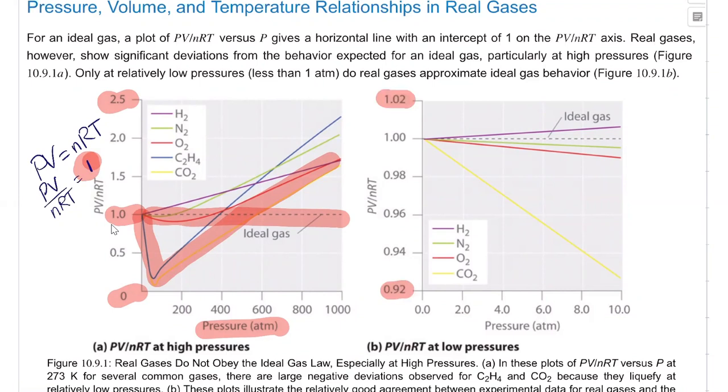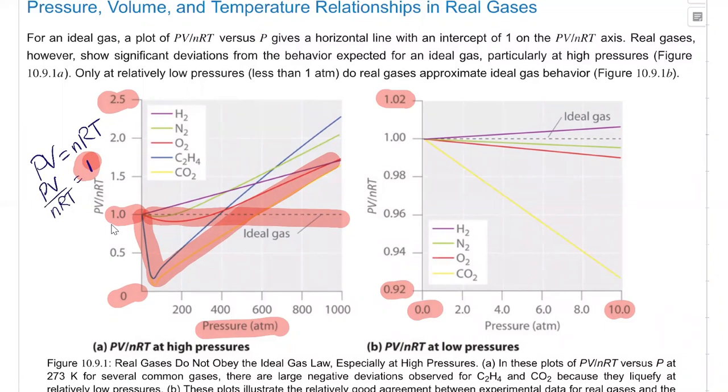And now look at the pressure axis. Instead of 0 to 1,000 atmospheres, this is 0 to 10 atmospheres. Well, 10 atmospheres is still 10 times greater than normal pressure, but it's not hugely beyond normal pressure.